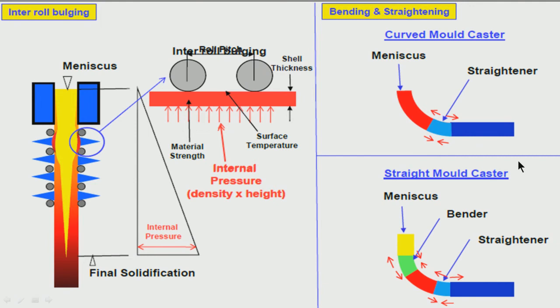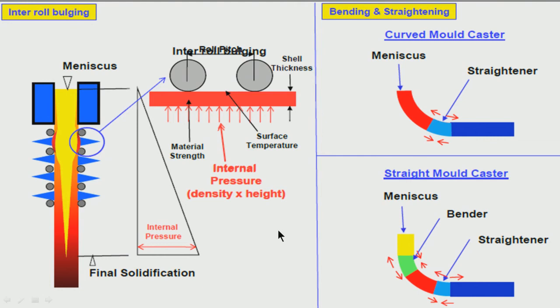So what is important to remember, the solid shell is continuously under different strains from different sources. Ferrostatic force is one, then the mechanical strain from the bender or the straightener is another source, another is due to solidification, there is a strain, then delta to gamma transformation, there will be a strain. So there are different possibilities of strain at different locations.